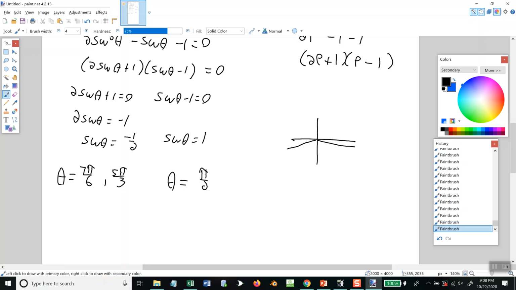It's 11 pi over 6, isn't it? Jeez. Because if this is pi or 6 pi over 6, then this is 1 more pi over 6. If this is 2 pi or 12 pi over 6, this would be 1 less, so that would be 11 pi over 6. And then, assuming none of these are cusps, you'd find the r and go from there.